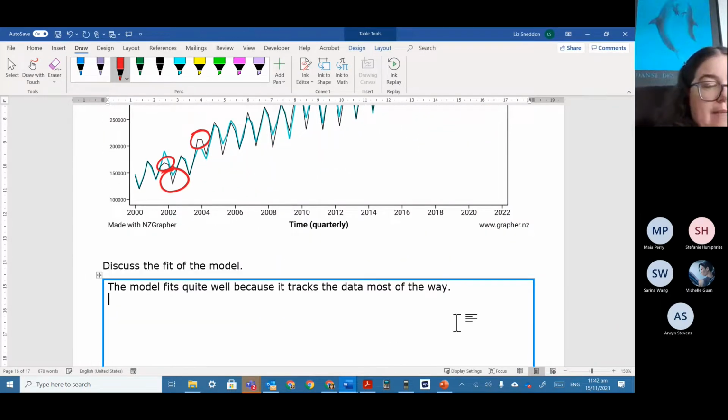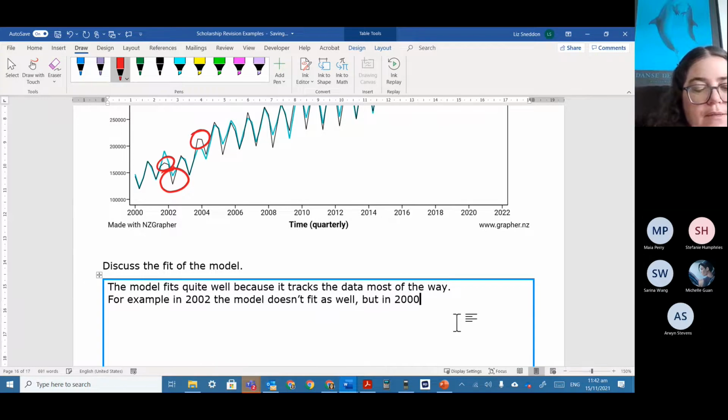So that's when I might say, for example, in 2002, the model doesn't fit as well, but in 2000, it fits much better.